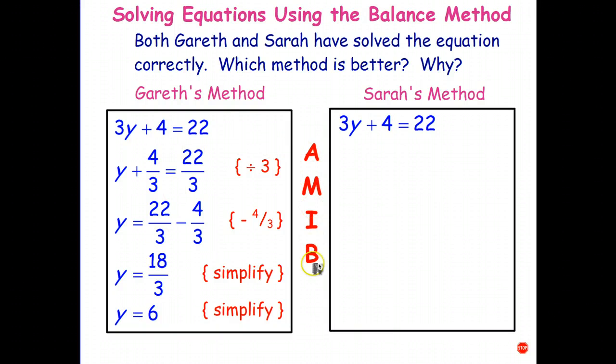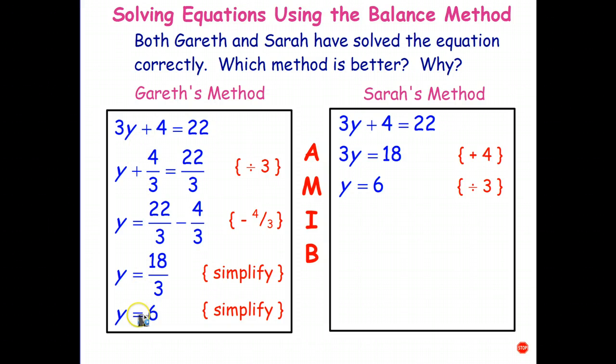If instead he'd used AMIB, as Sarah did, let's see how that works. Sarah said, well, the first thing I'm going to undo is adding 4. So I'll subtract 4 from both sides, and that leaves just 3y on the left and 18 on the right. And to get rid of the 3, I divide by 3. So there's Gareth's work.